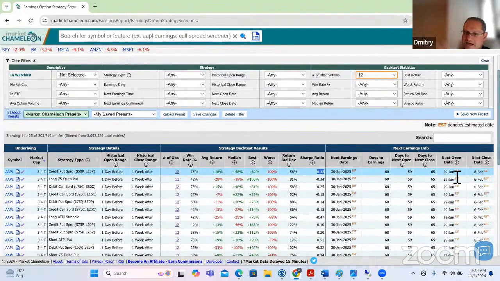So in Apple, for example, this particular strategy, you would start analyzing January 29th, and it would be held till February 6th. It's still a little bit early, because earnings are January 30th, but it tells you how many days away.